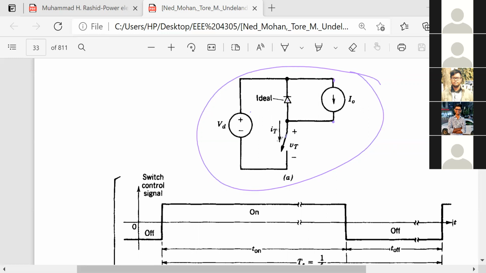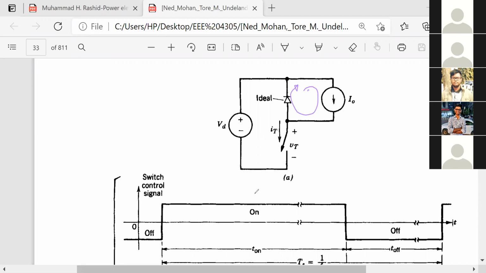When this switch is on, the current is supposed to come like this, right? Suppose the switch is on, then this diode will be reverse biased, so this IO current would come this way. And when the switch is off, this current will flow like this. Am I correct or not? Sir. Okay.